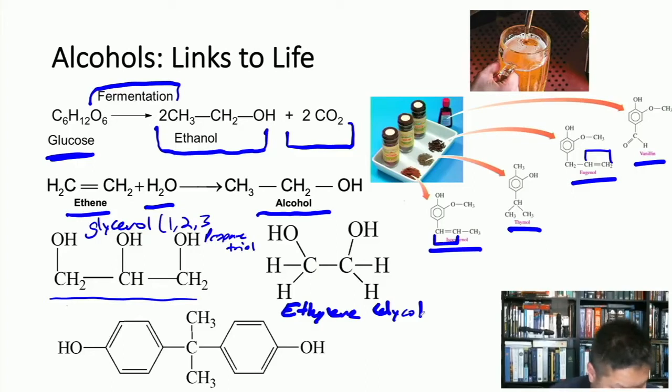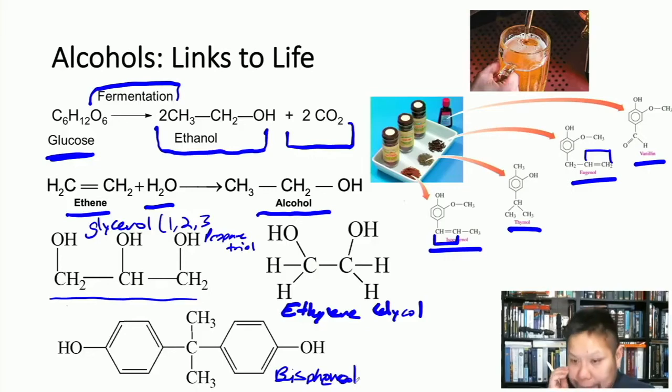And last but not least, this is bisphenol A. If you've ever been worried about the plastic in your water bottles leaching chemicals from the production process, because you've had it sitting out in the car for too long, or you're washing it in hot water with soap and such, the thing that you're worried about is this.